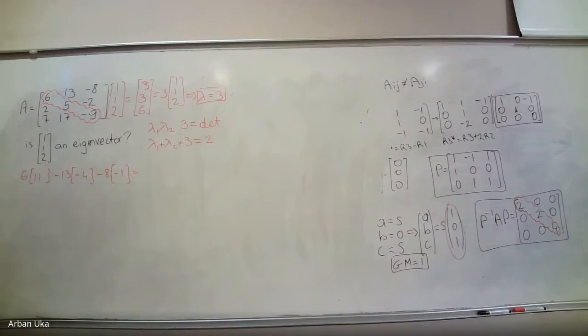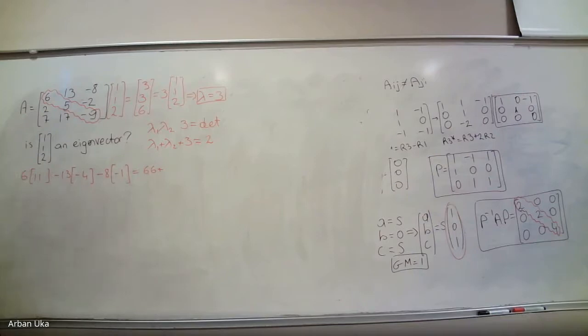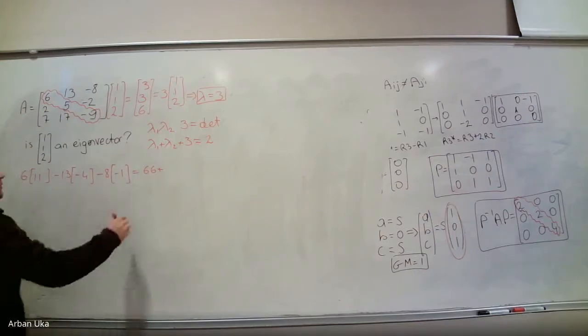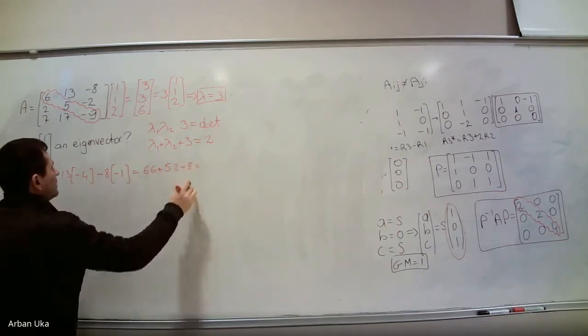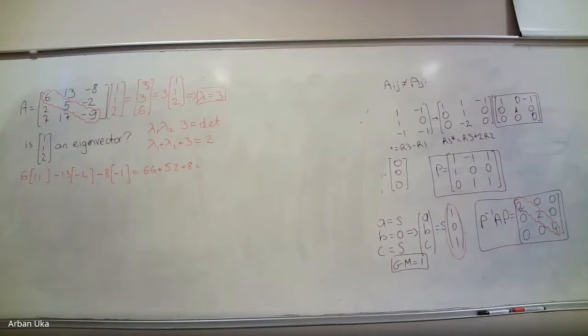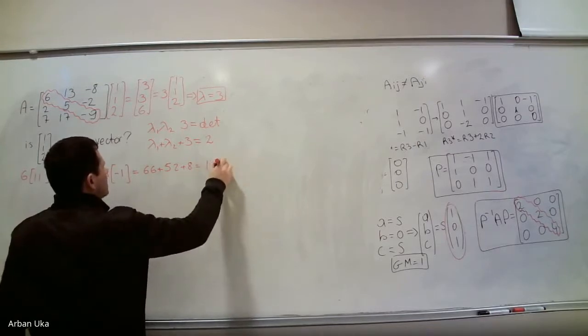Can you correct? Maybe I made some mistake. This is 66. 66 plus, what is this? Plus 52, plus 8. This is huge. So we get something like 126. Am I correct?